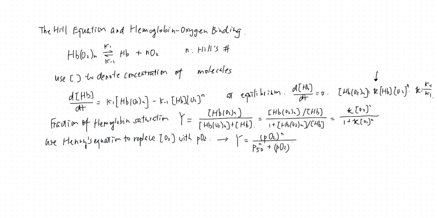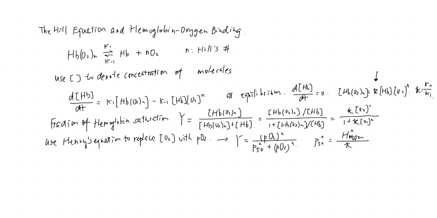Here, P50 to the power of n is defined by the Henry's constant of oxygen to the power of n, divided by kappa. This is not something we define, this is just the result. If you use Henry's equation to replace O2, then you manipulate the terms and clean it up.